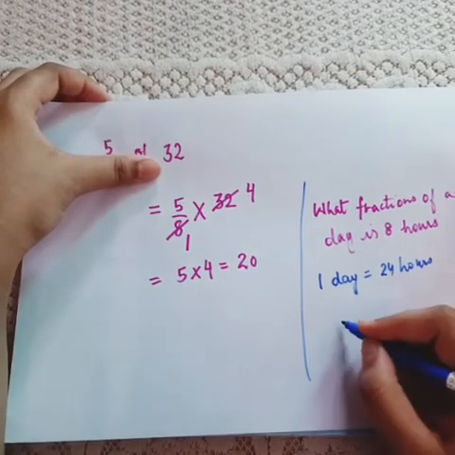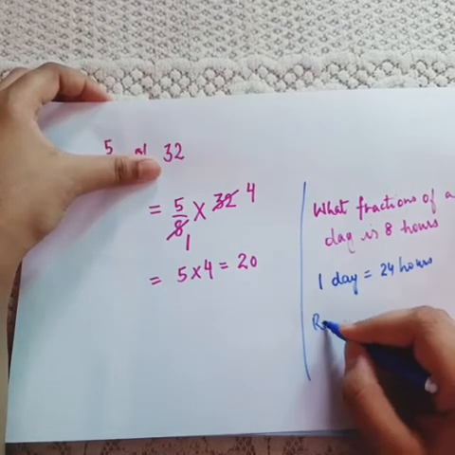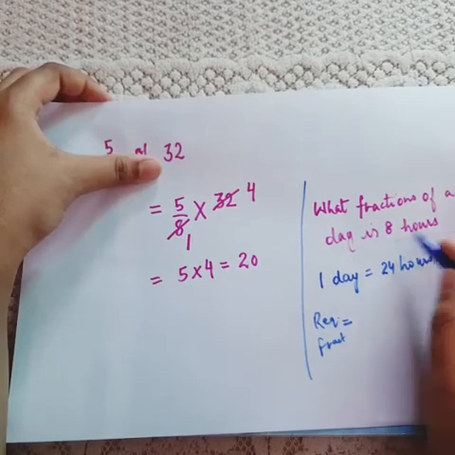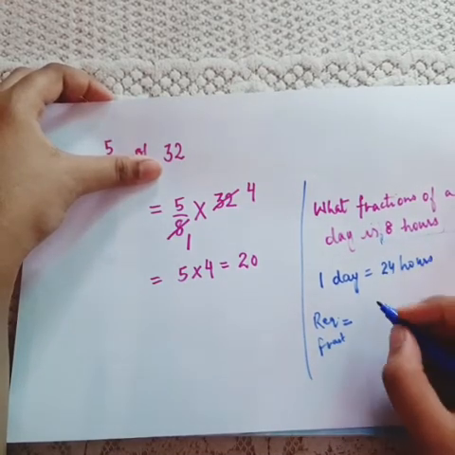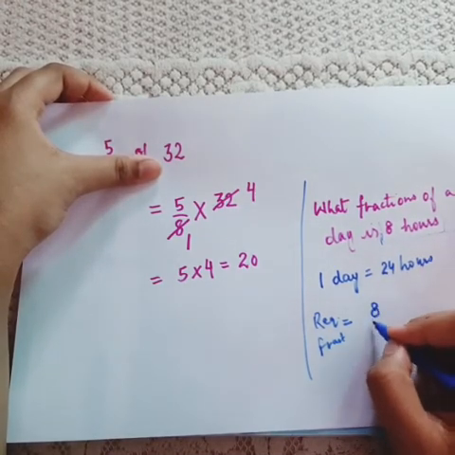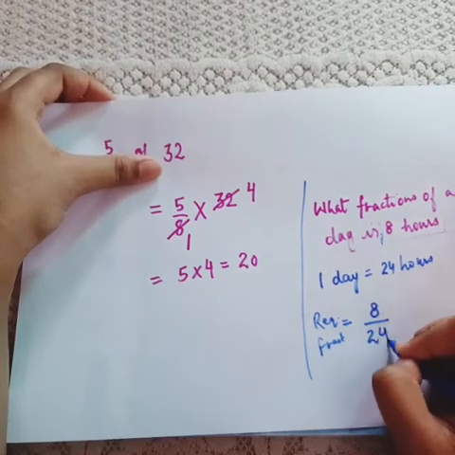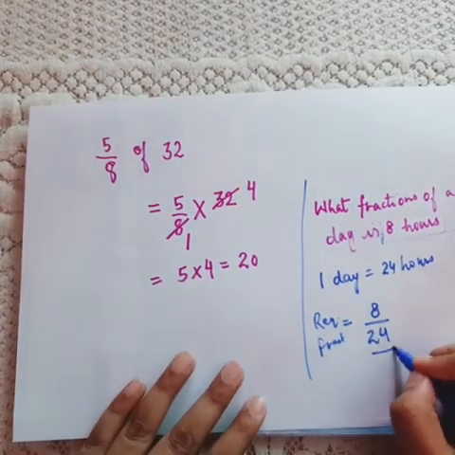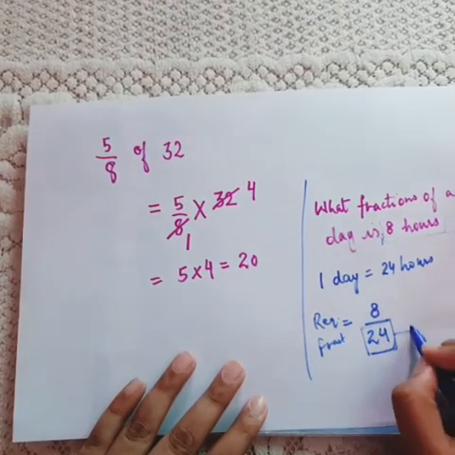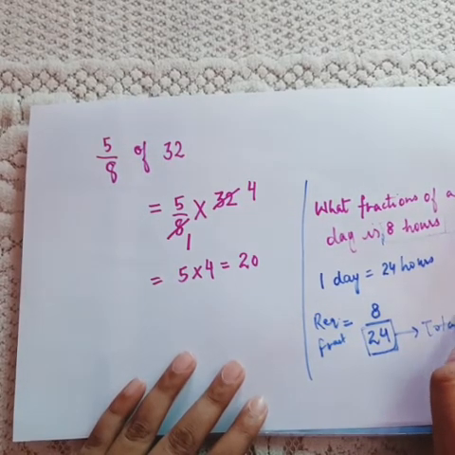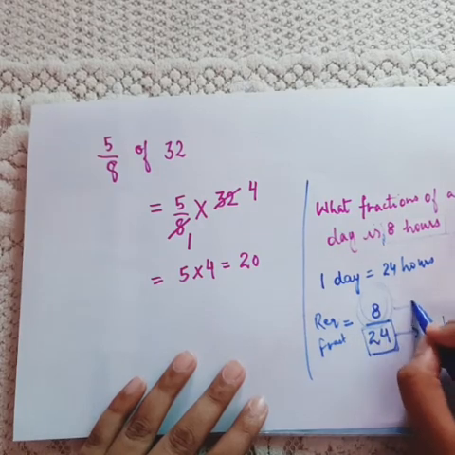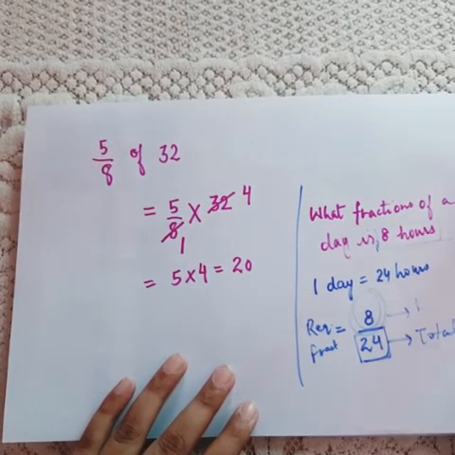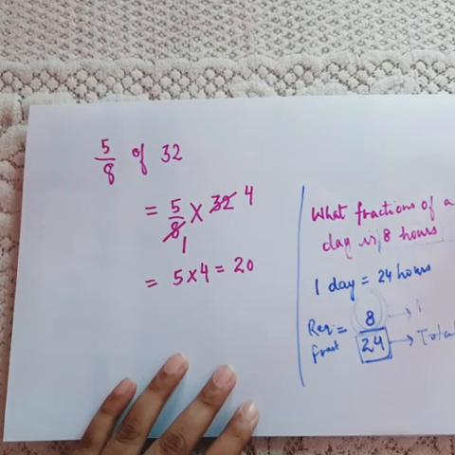And it is asking for the required fraction, what fraction 8 makes. So we will write 8 upon 24. In fraction you always know that in the denominator we write the total, okay, and in the numerator we write it according to what our question requires. So like this you have to do, okay?